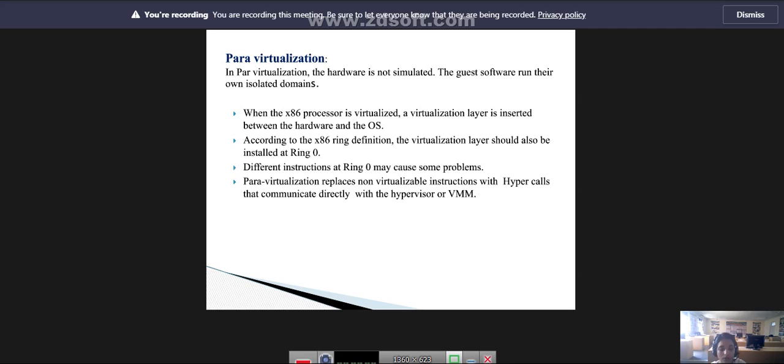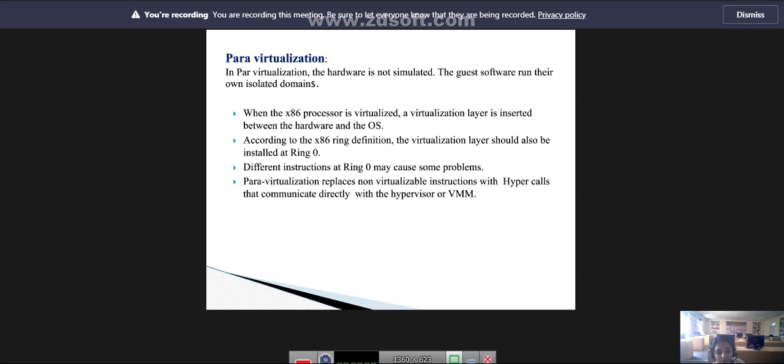So the hypercalls: the traditional x86 microprocessor offers 4 instruction execution rings, that is ring 0, 1, 2, 3. The lower the ring number, the higher the privilege of the instructions being executed.